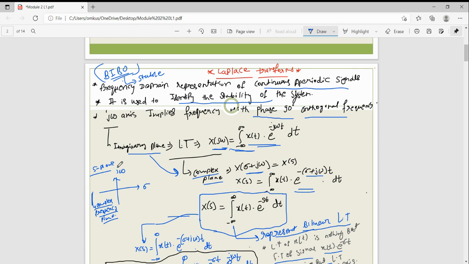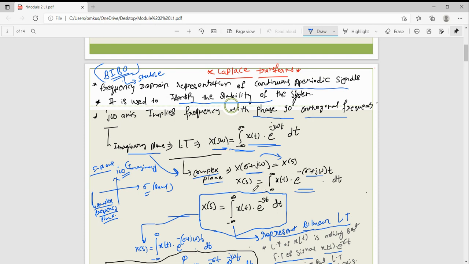That is possible in the s plane, by using j omega as the imaginary axis and sigma as the real axis, right? So this is your real and this is your imaginary axis. Now this plane is called the complex frequency plane. Here you put sigma plus j omega in place of j omega and represent this term as X of s.